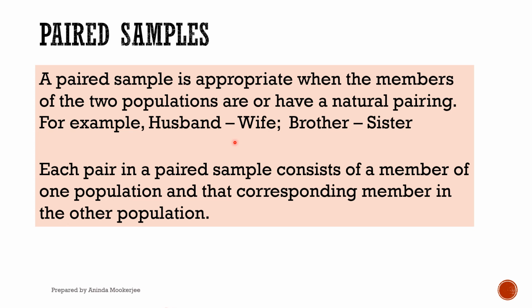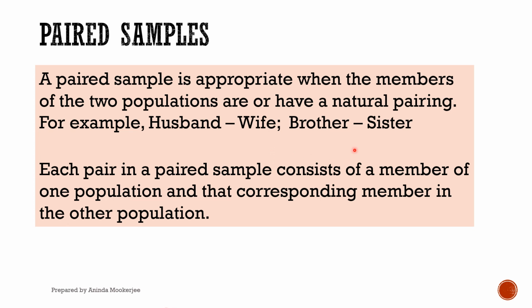So if we want to compare a particular characteristic between husband and wife, we have to make sure that in sample 1 the husband is a part of that sample, and in sample 2 the wife of that husband who's in sample 1 is included.